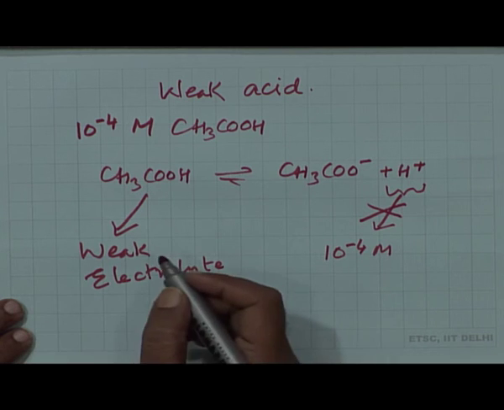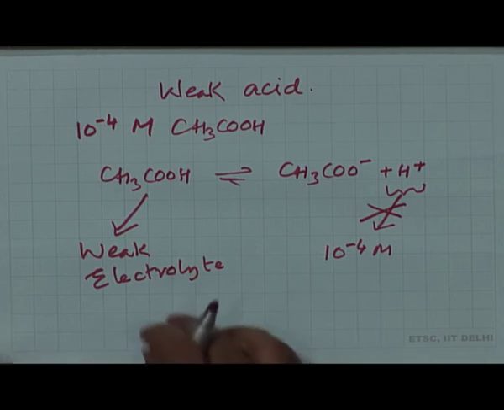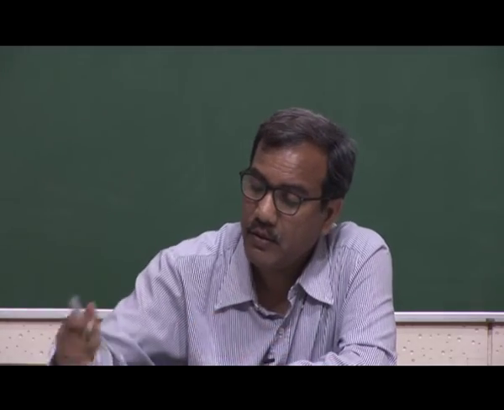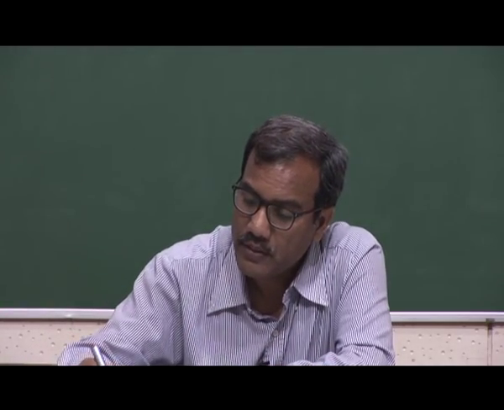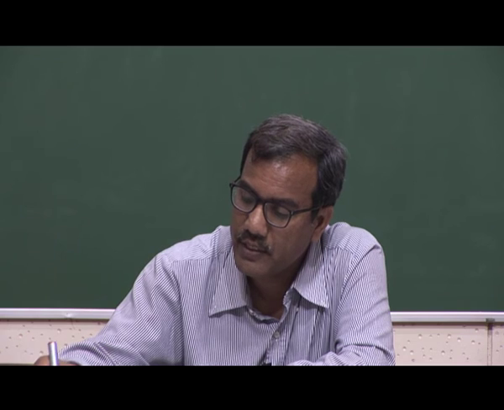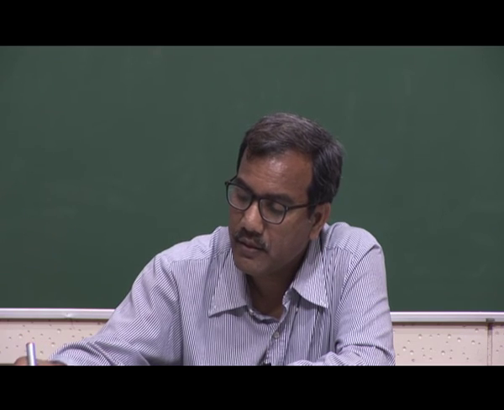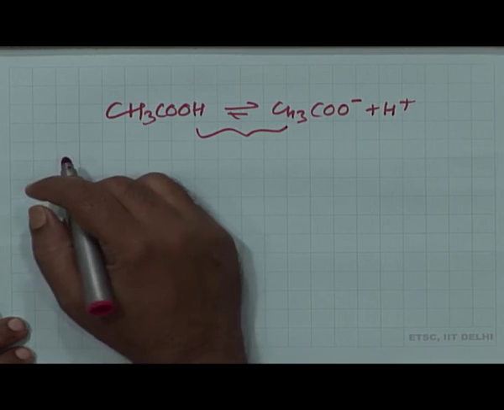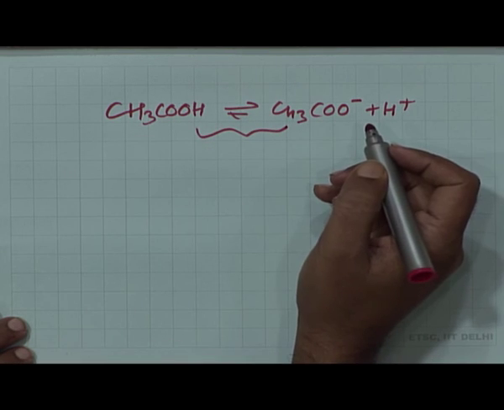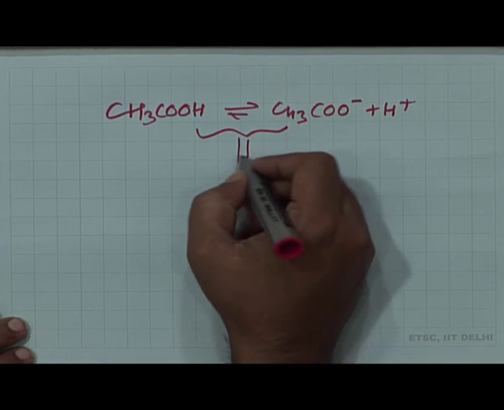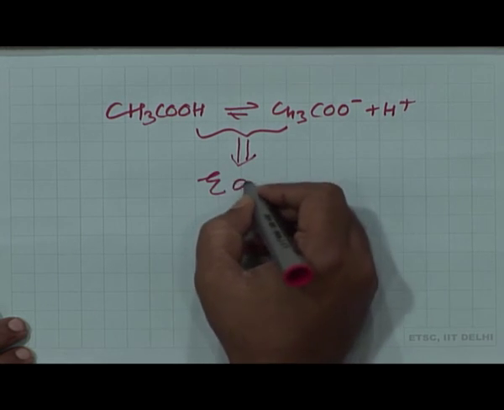Now, how to calculate pH of this? Since this weak electrolyte does not completely dissociate, it is a kind of reversible reaction, which means some are in associated state and some are in dissociated state, we can apply the concept of equilibrium.